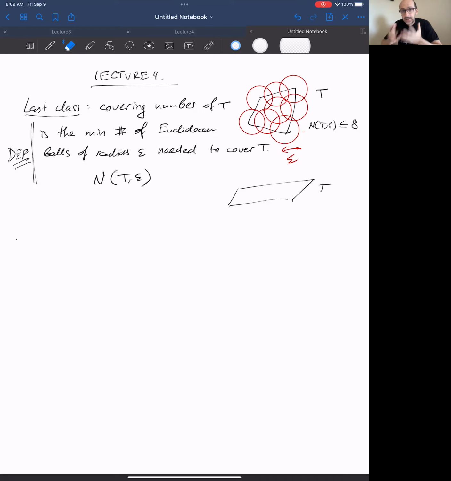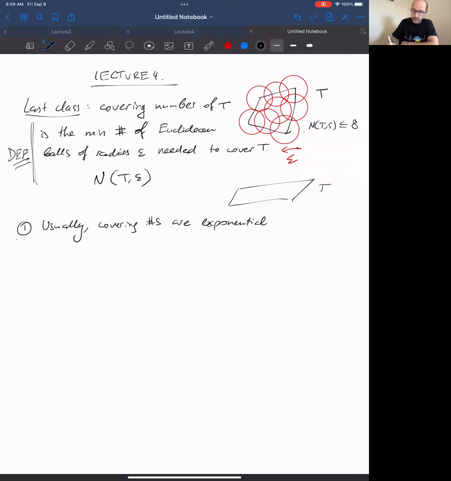And there are surprises now. In high dimensions, there are surprises about the covering numbers, and 2 of them is this. So first, that we showed, is that usually the covering numbers are exponentially large, exponential in dimension n. So T is in R^n.